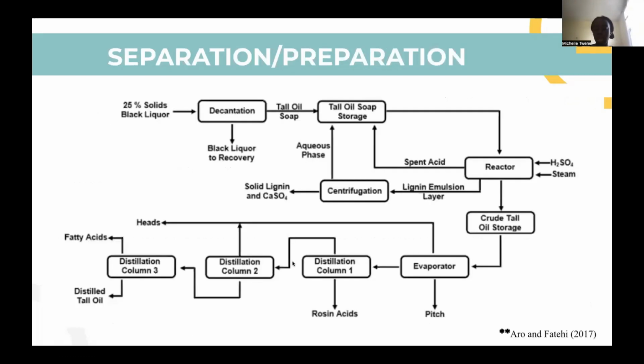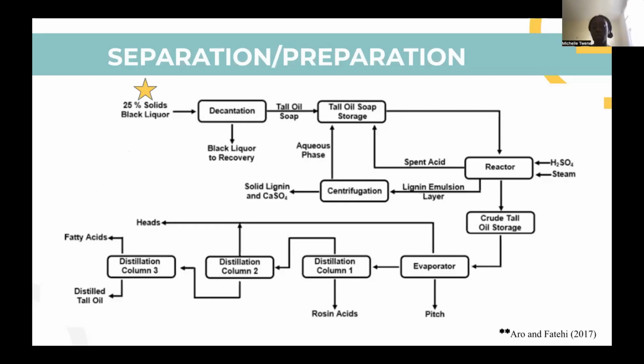On to the next question, which is focusing on how tall oil is separated from black liquor. I'll just go over a brief overview on how that works. Starting off right here, we have the black liquor that was just mentioned earlier, and that has those fatty acids and rosin acids and lignins and other woody material.